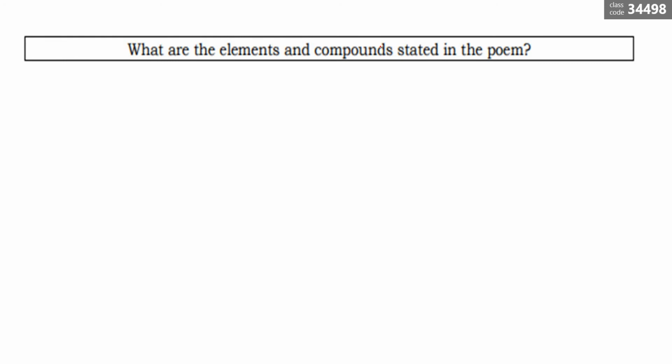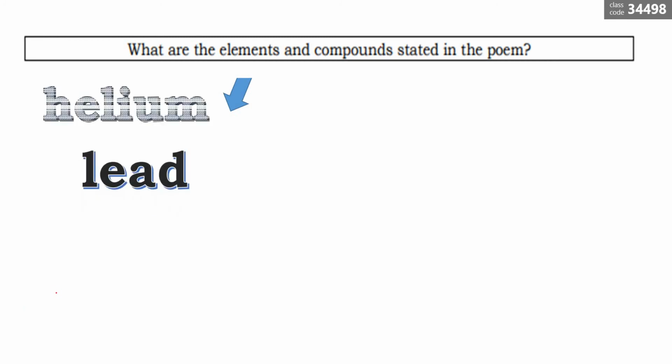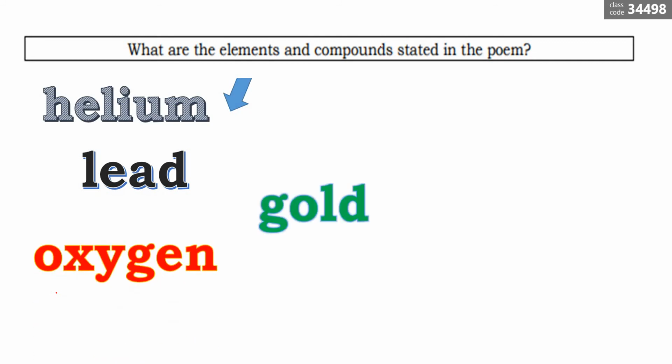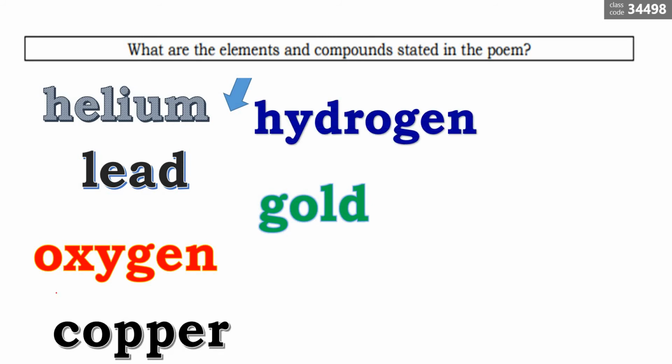What are the elements and compounds stated in the poem? Okay, let's proceed with the elements first. Elements, we have lead, helium, oxygen, gold, copper, hydrogen, and let's have our compounds.